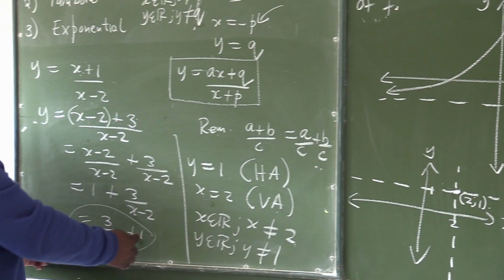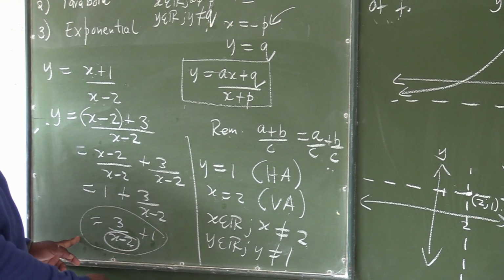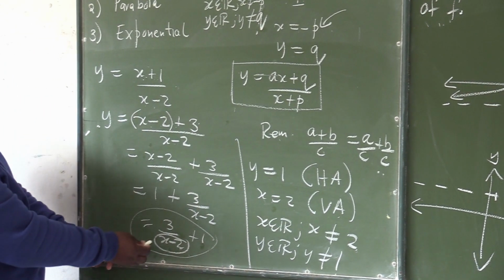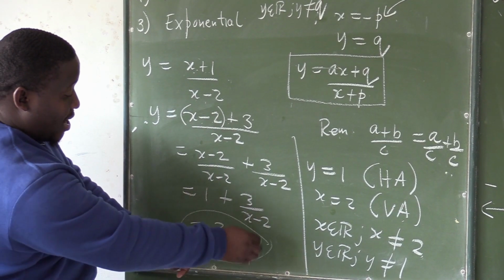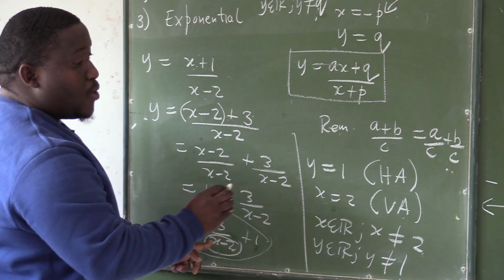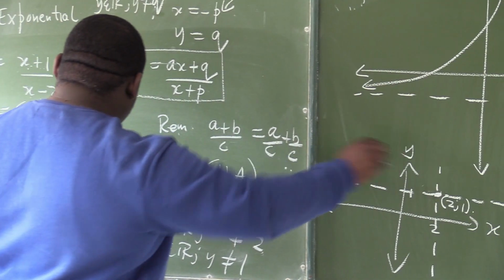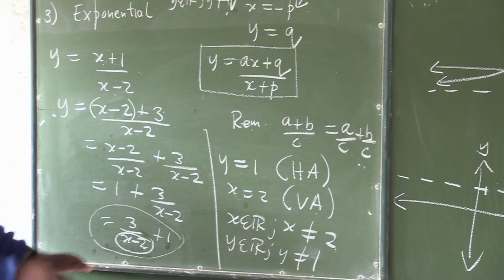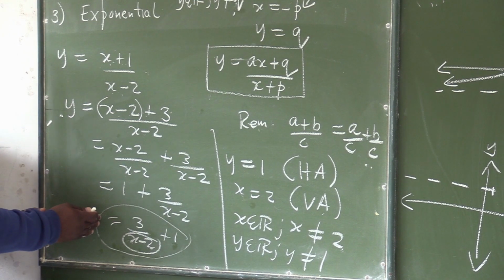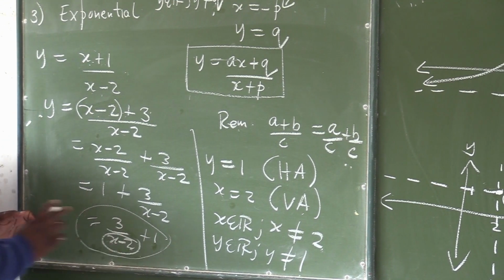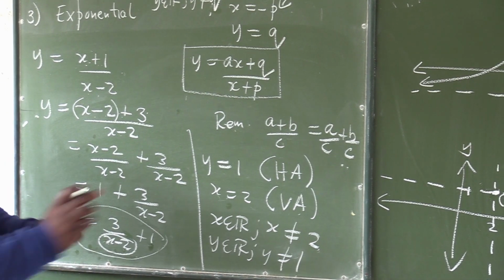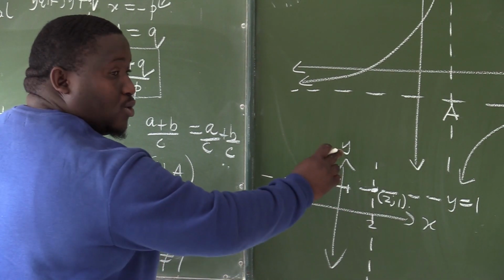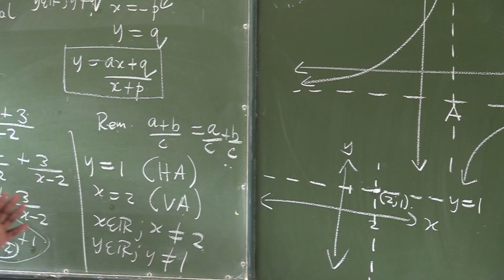So if we take this one and you are to find the x-intercept, you go to y and substitute 0, then work out the value of x. Then you will have a coordinate. From those coordinates, you plot the points, then you draw your graph.